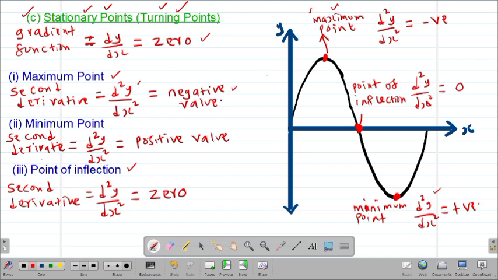At the minimum point, the second derivative will always give you a positive value. Then, of course, at the point of inflection, the second derivative will always give you 0.